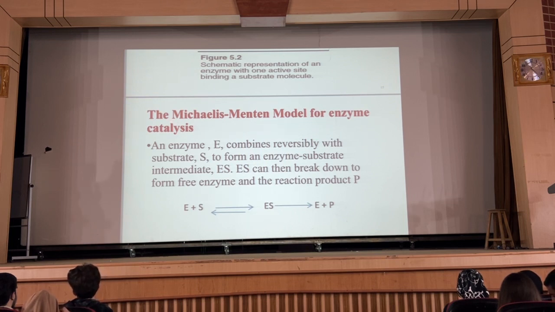Simply, the first equation is the Michaelis-Menten model for enzyme catalysis. This model shows you the enzyme plus the substrate produce the enzyme-substrate complex. Later on, the enzyme and the product are produced.